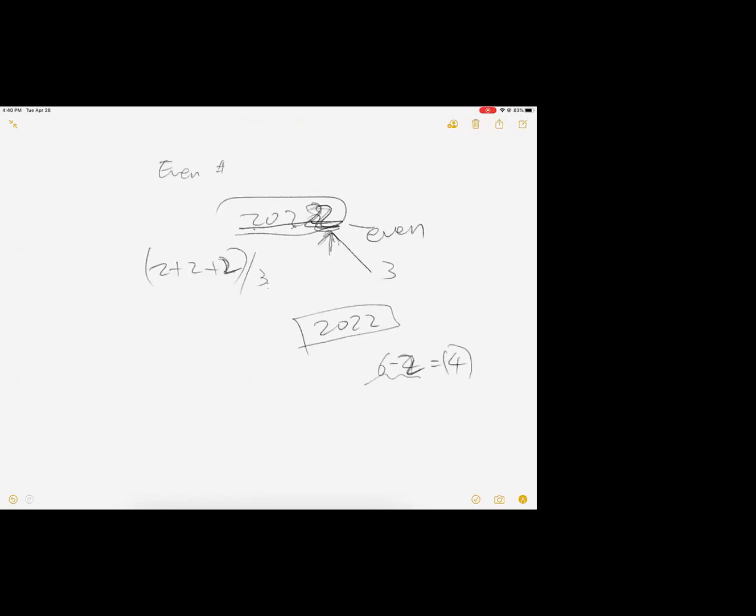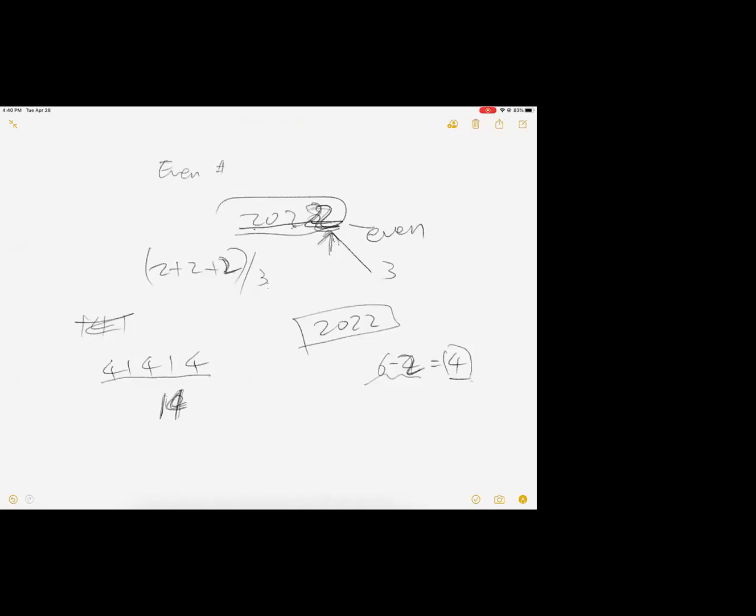That's why its remainder is 4. The same as 1 4 1 4 1 4 1 4. Okay. So when you add up these numbers together, it's 10. No, it's 14. Okay, 14.